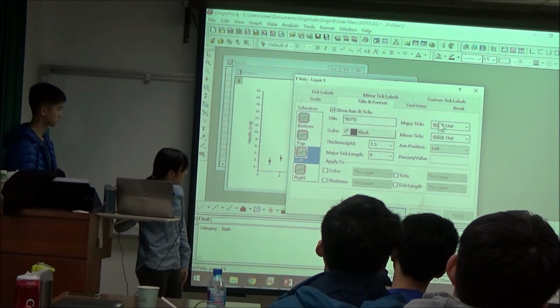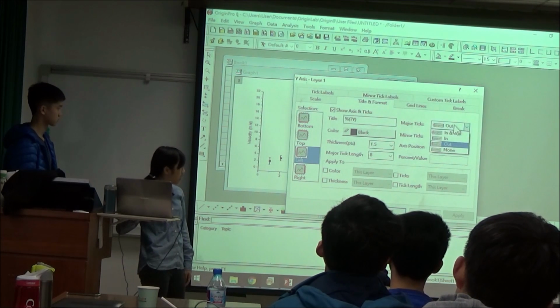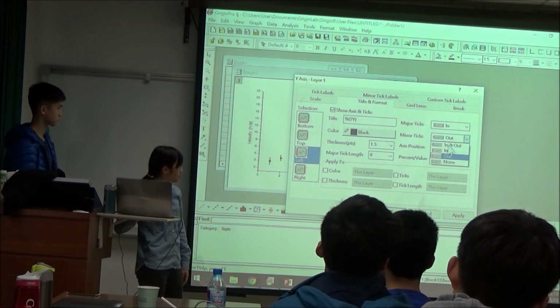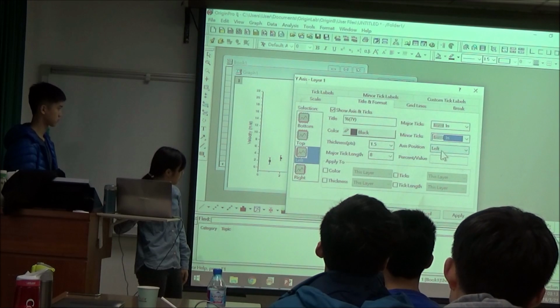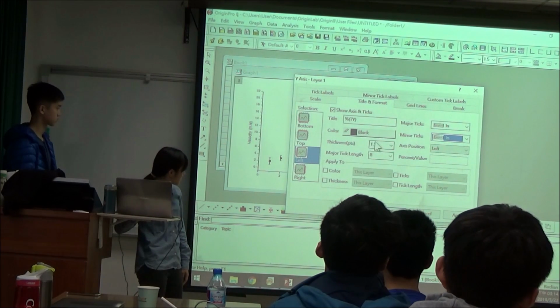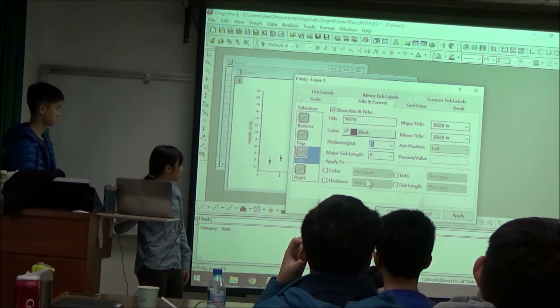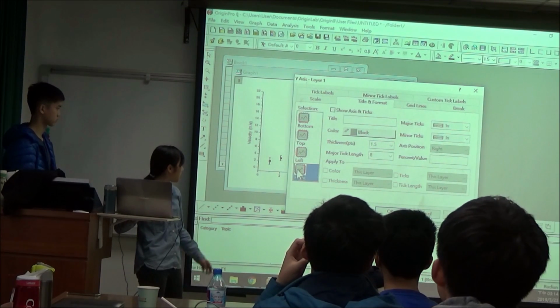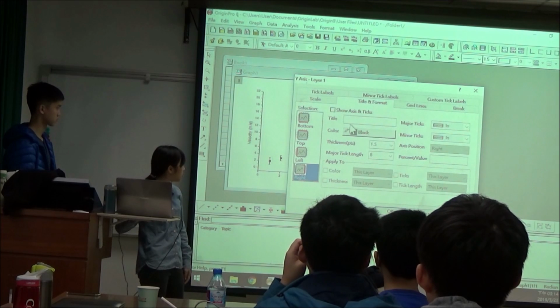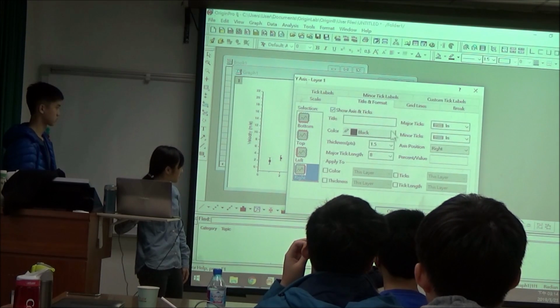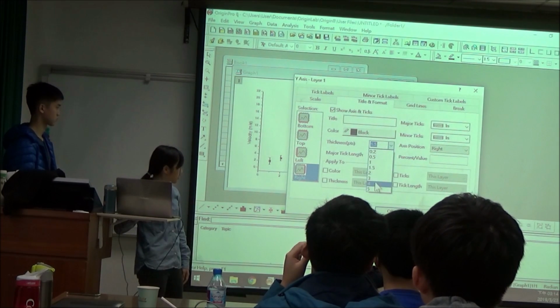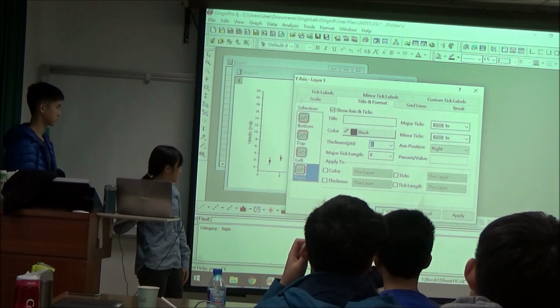Okay, so change the tick out into in, no matter the major one or the minor one. And the thickness, usually we use 3 for our graph. Okay, and we can choose other axes together. So show the axis and the ticks, and the thickness 3, and in is pretty well.